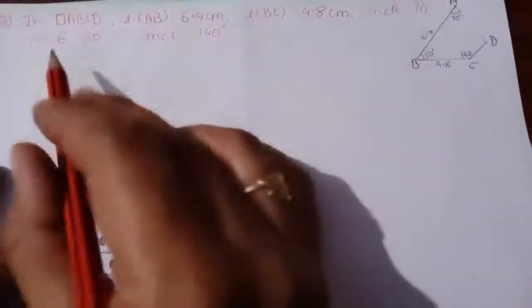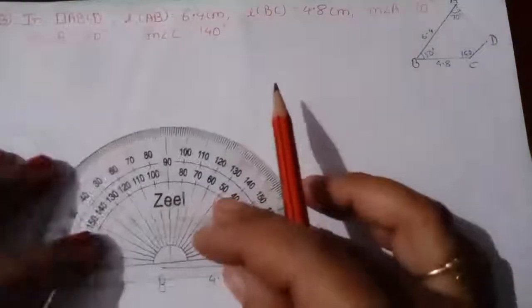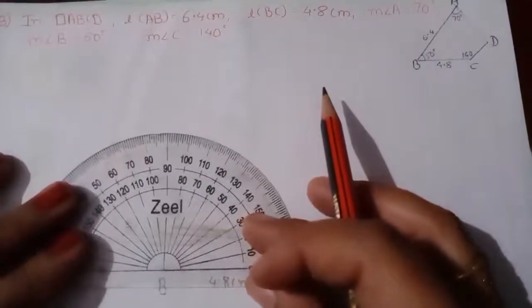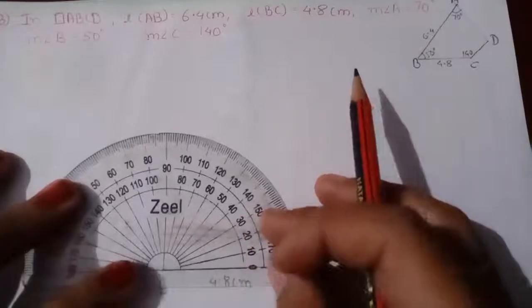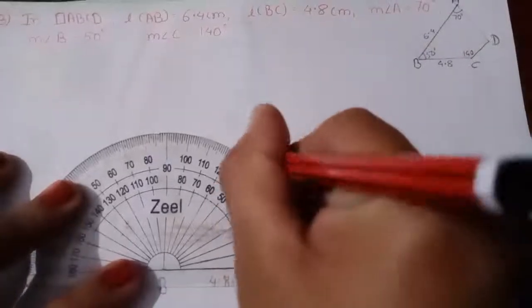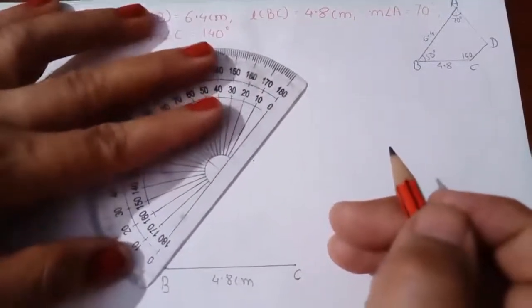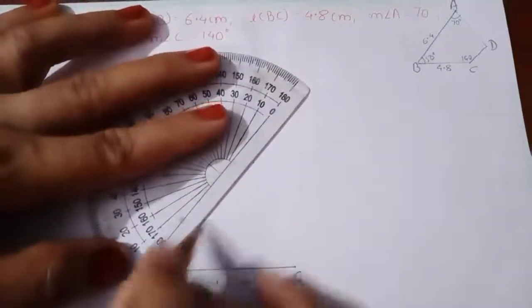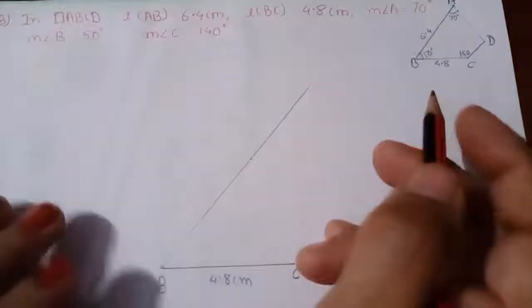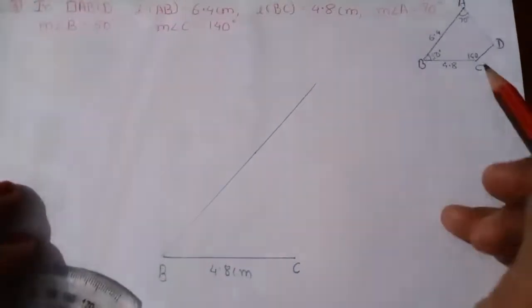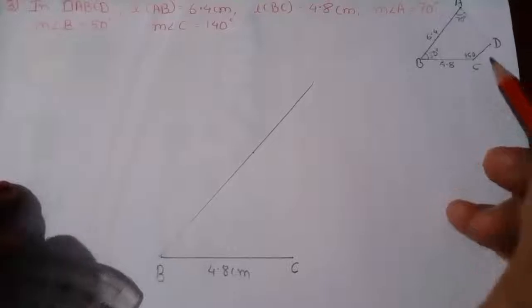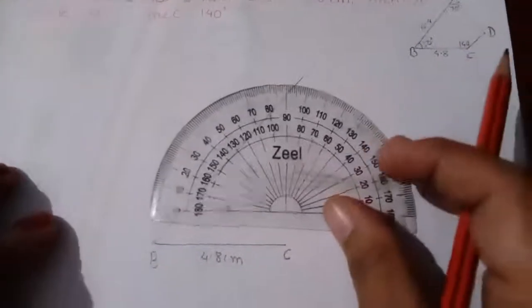Then take a protractor. Angle B is 50 degrees. Put it on point B, take angle 50 degrees and draw the line. On the other end, we draw the angle C, also 140 degrees.